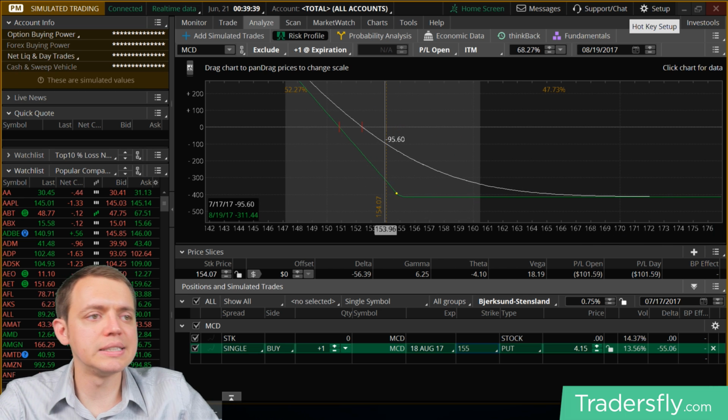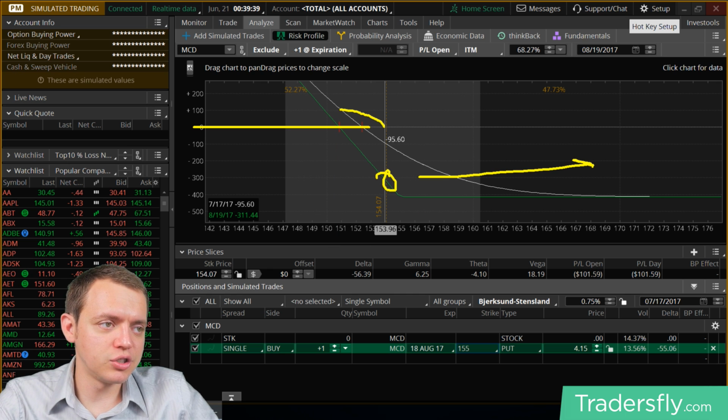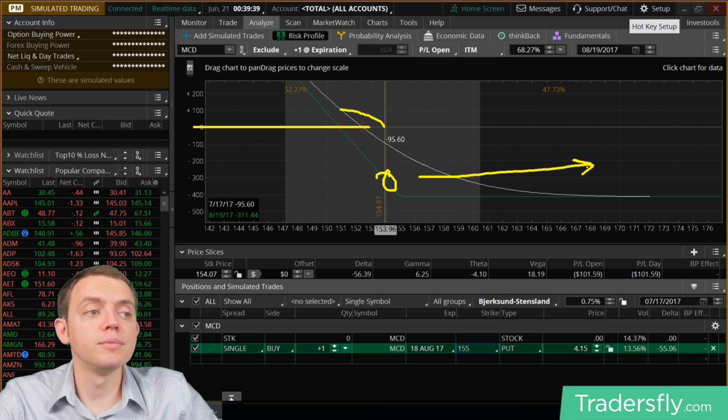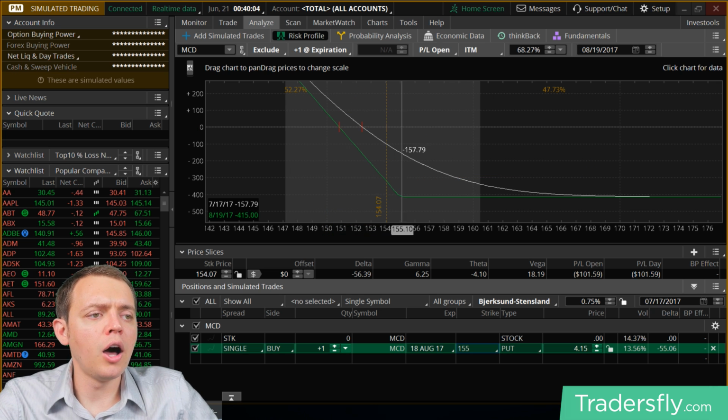If it stands still, I lose money because I'm below that zero line. I basically need it to move above that price point of about 151, right? If it goes to the upside, I lose money. If it stands still, I lose money. The only way I make money is if it goes down, and it has to go down in a pretty big way, about 4 or 5 points here on this stock.